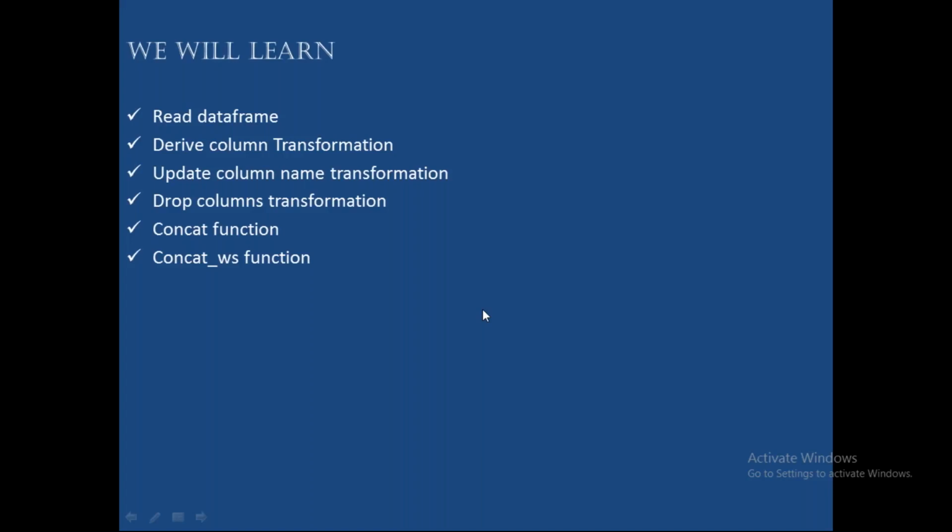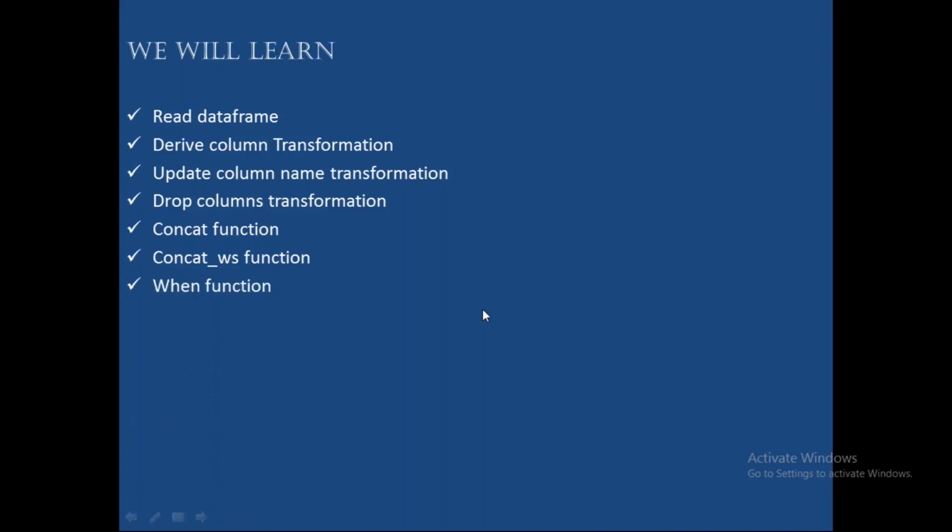We have Rama and Krishna, and in between I want to add some text, something like Rama is Krishna, so I put the text in between Rama and Krishna. You are going to use the concat_ws function to add that particular delimiter.